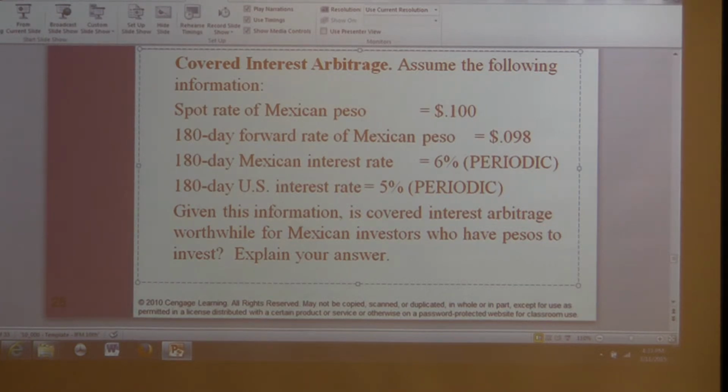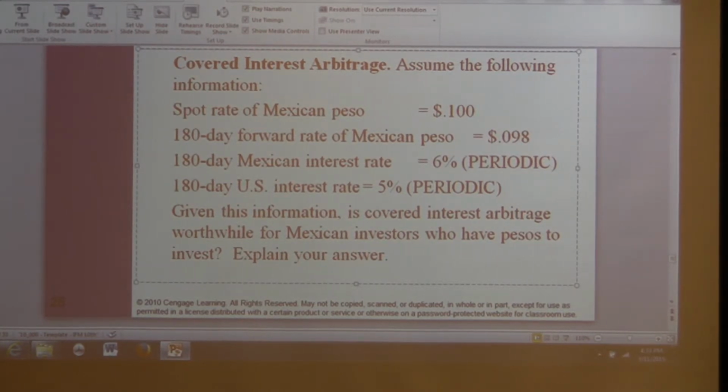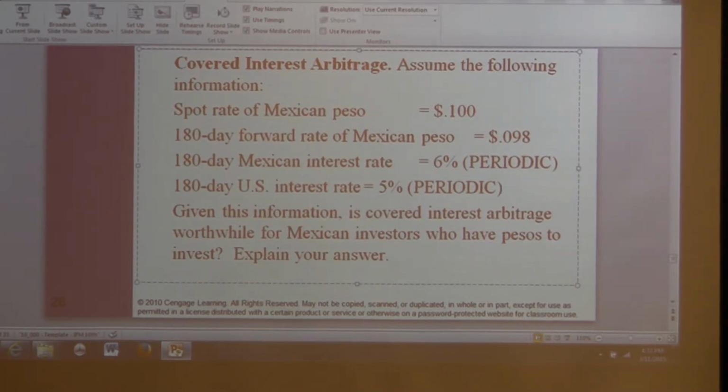So what is the spot exchange rate? Okay, so what you want to be careful about is that you are looking at Mexico, okay? You're not looking at the US, okay? Which means that what is the direct exchange rate? So the spot price is, for 1 Mexican peso, you pay 10 cents, isn't it?